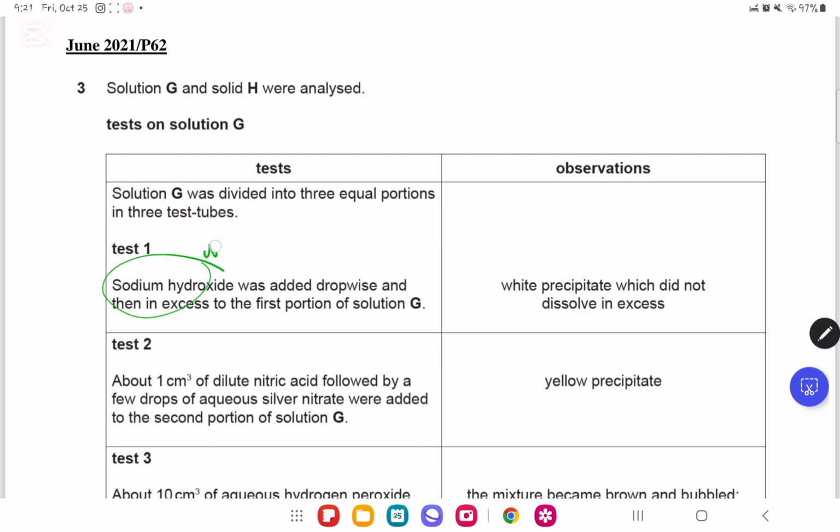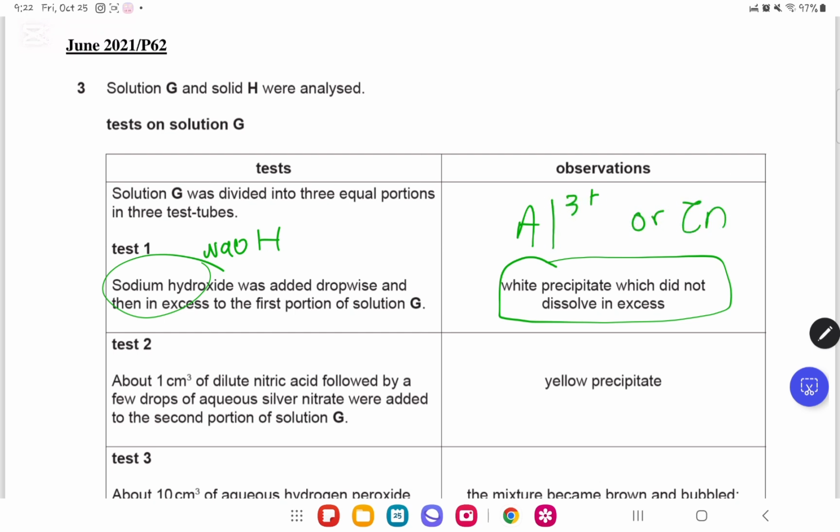They added drops and they found a white precipitate that does not dissolve in excess. So that means it can be either Al3+ or Zn2+. Then they added silver nitrate, AgNO3, and we got a yellow precipitate. So that means we have I-.